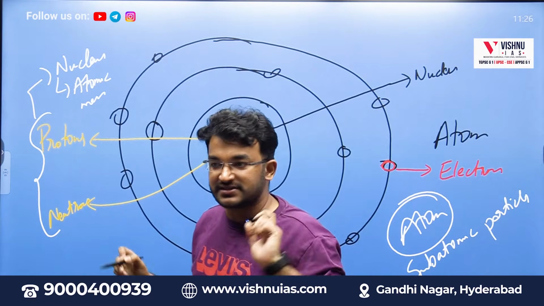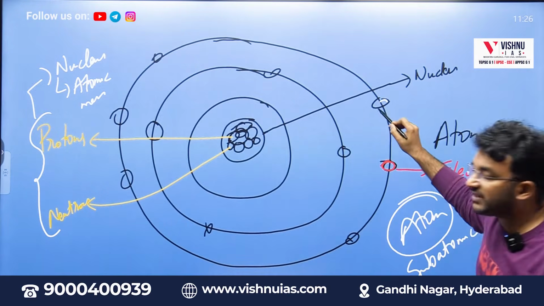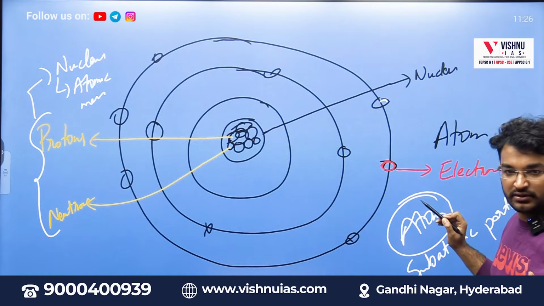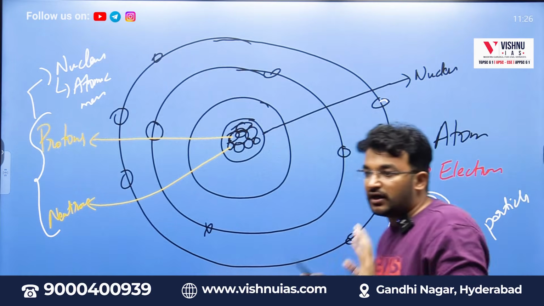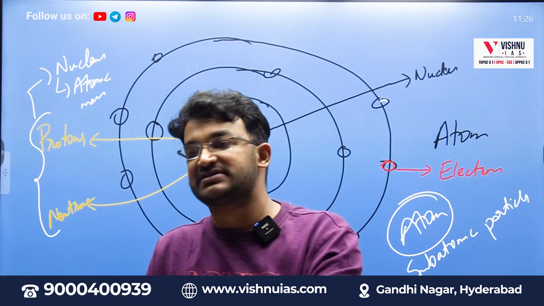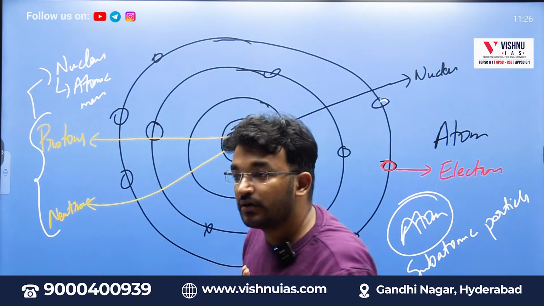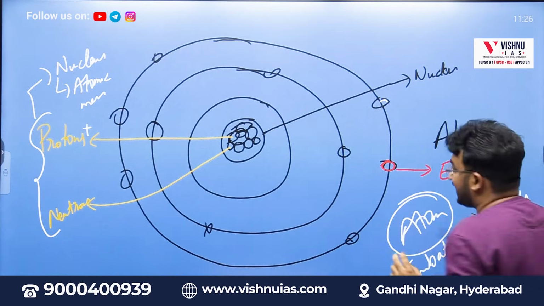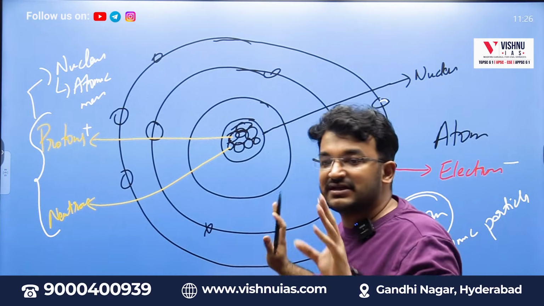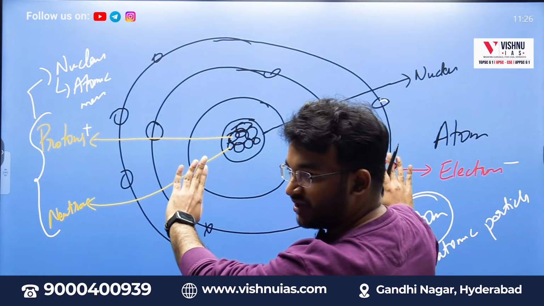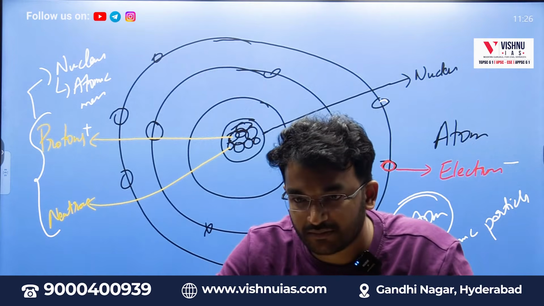Now the other subatomic particle is electron. Which will be positive and which is negative? Proton is positive, electron is negative. Now since there is an equal number of protons and electrons, that is stable.